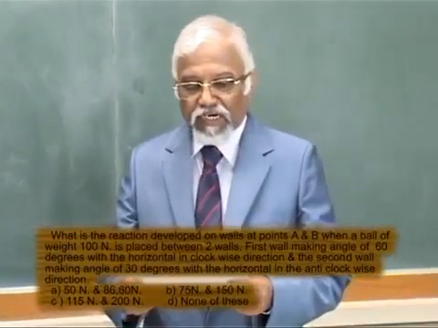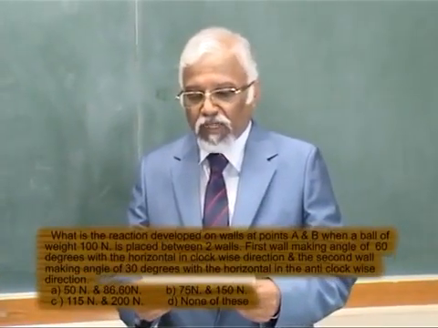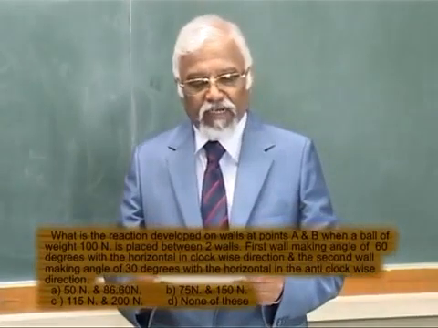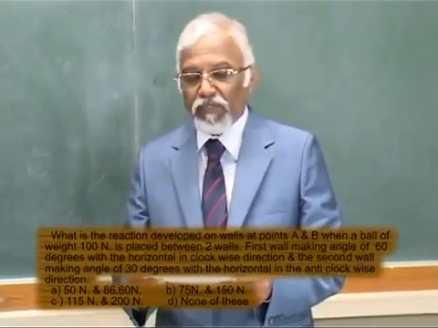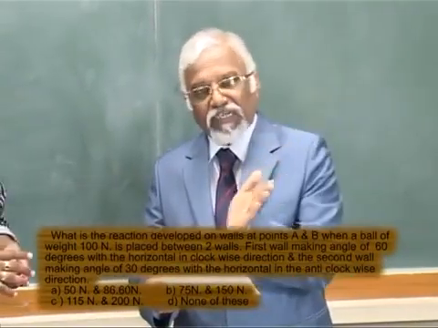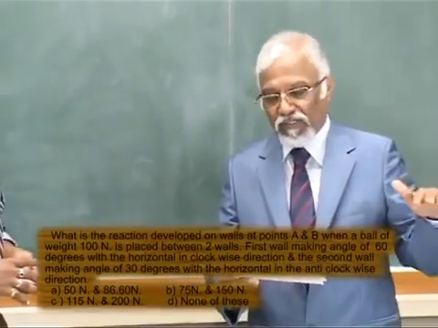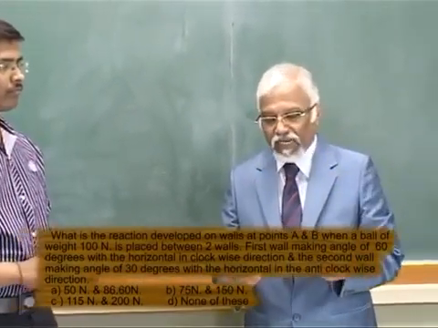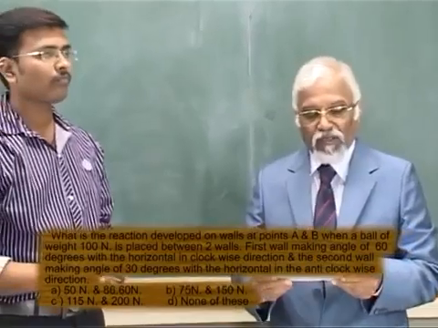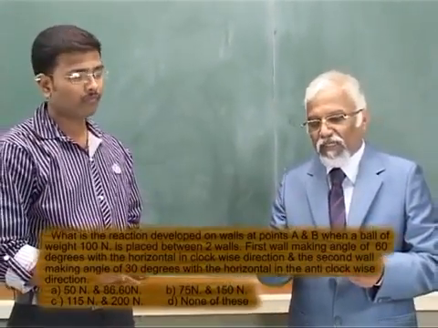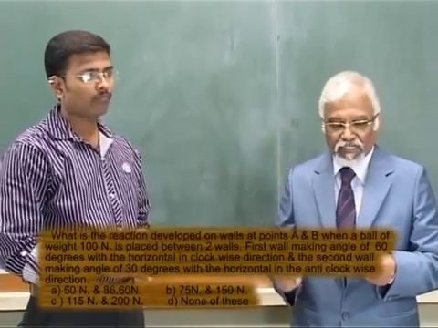What is the reaction developed on walls at points A and B when a ball of weight 100 newtons is placed between two walls? The first wall makes an angle of 60 degrees with the horizontal in clockwise direction, and the second wall makes an angle of 30 degrees with the horizontal in the anti-clockwise direction.